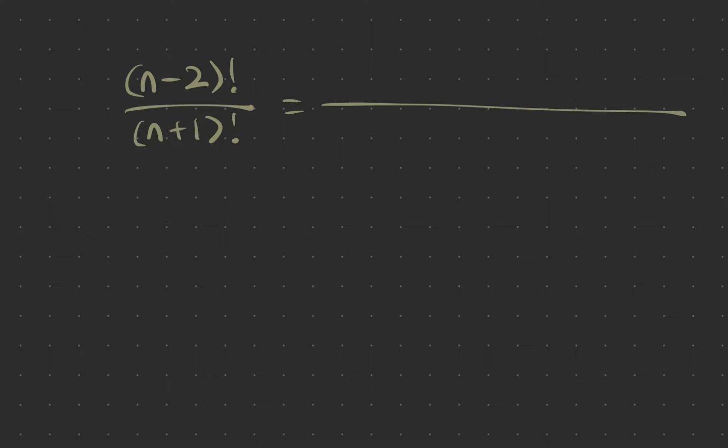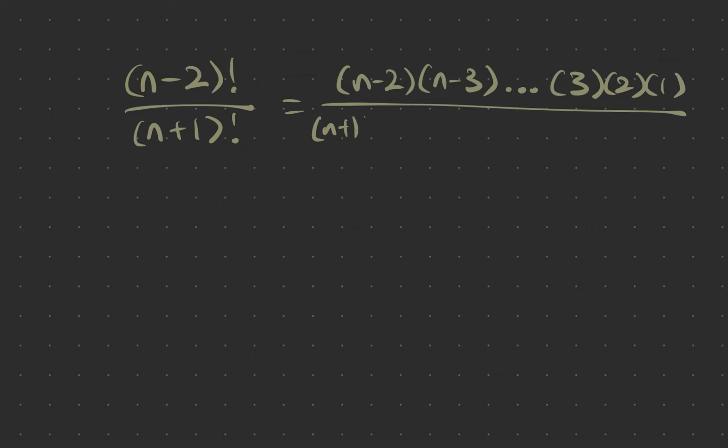Alright, let's do one last example. Let's try n minus 2 factorial over n plus 1 factorial. So same thing as just now. Slowly work things out. N minus 2 times n minus 3 goes on to 3, 2, then 1. So n plus 1 factorial is n plus 1 times n times n minus 1 times n minus 2 times n minus 3, and we all know where this is going.